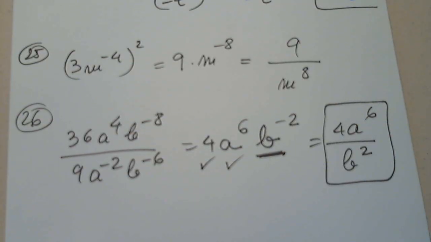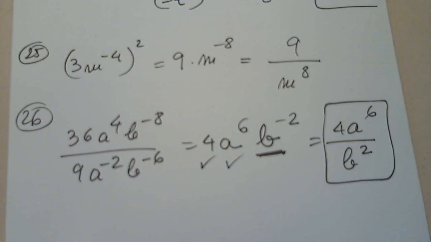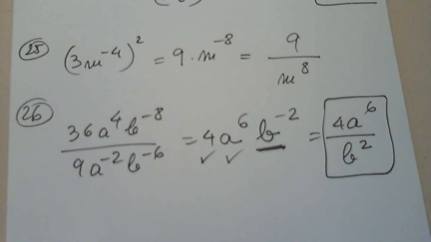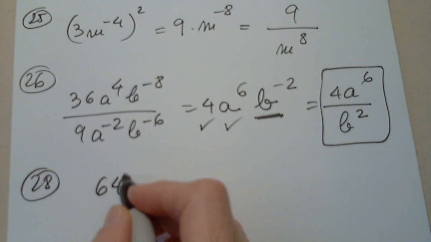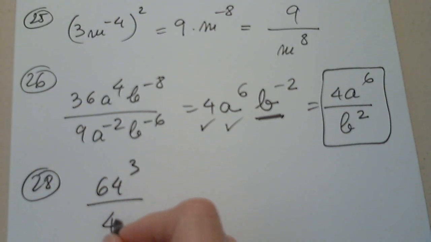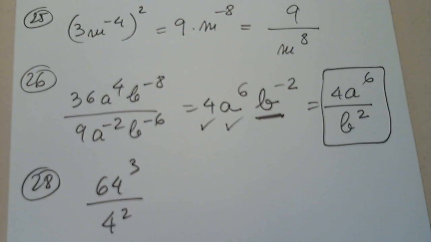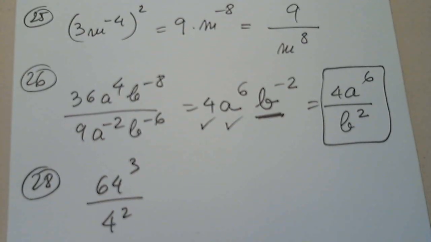Okay. 28. Okay, in order to simplify this, be very careful. Let's simplify it together. So that's 28. We have 64 to the third over 4 squared. You cannot use an exponential rule because the bases are not the same. So that will not be possible.